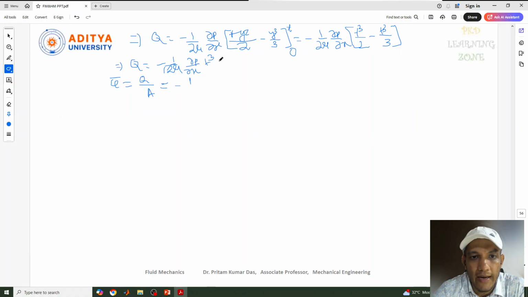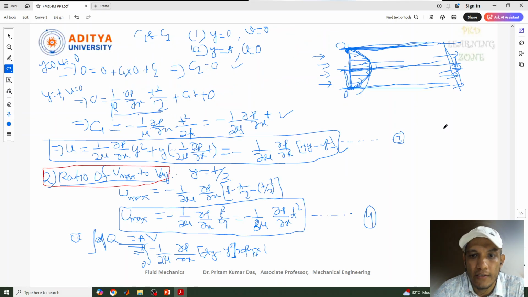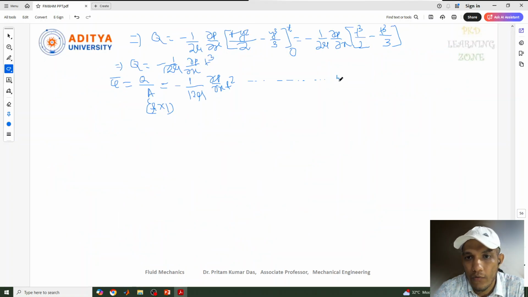So t will cancel here, and finally we get minus 1 by 12 mu del p by del x, and this is t square. This is another equation, equation number 5.